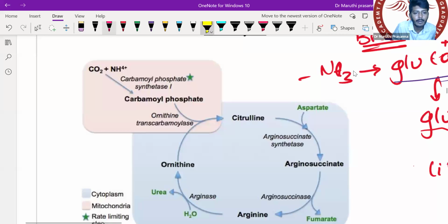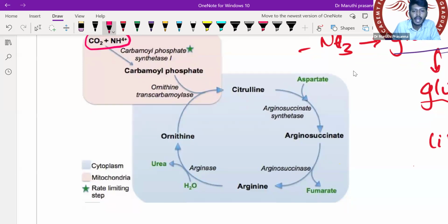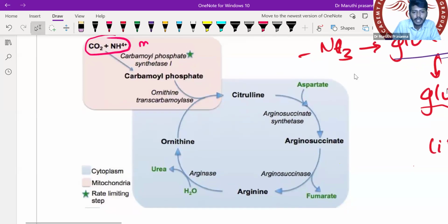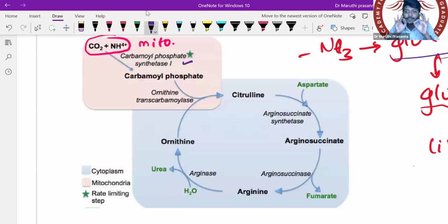Ammonia combines with carbon dioxide in the mitochondria of the liver, with the help of an enzyme called carbamoyl phosphate synthase 1, forming carbamoyl phosphate.